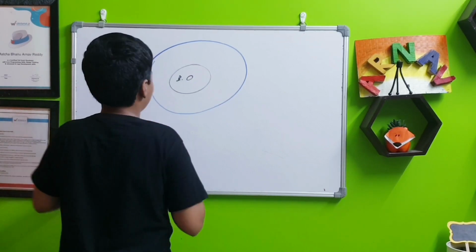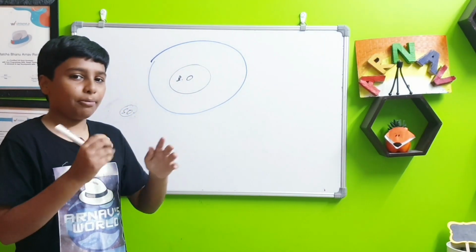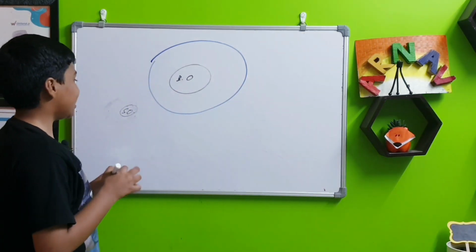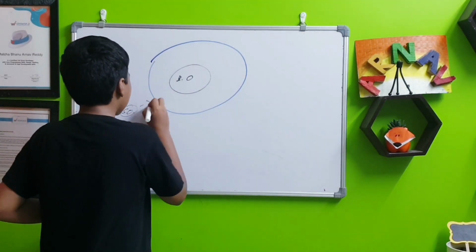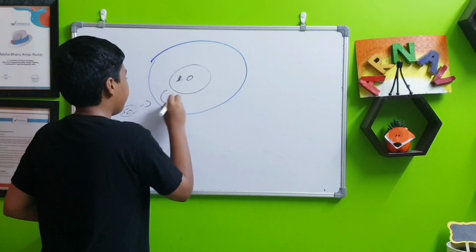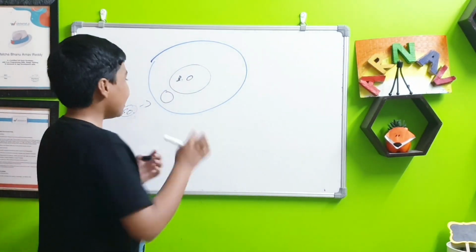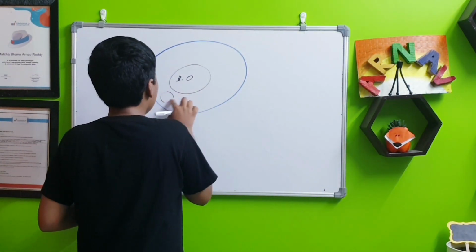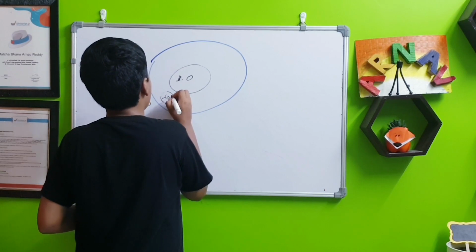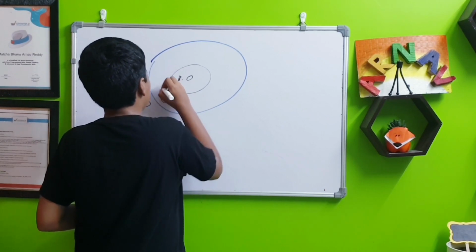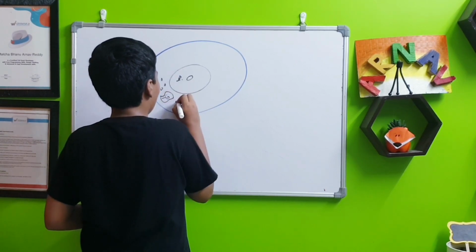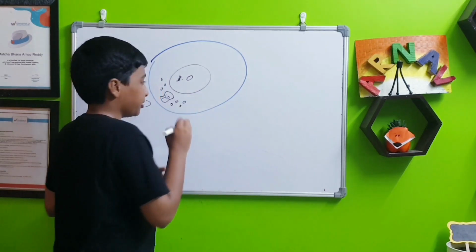What happens is, if the small object enters the big object's Roche limit, then it will suddenly start to break up. Small pieces of it will be launched out from the main body.